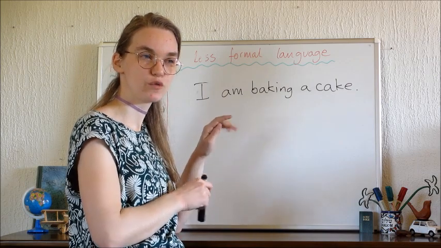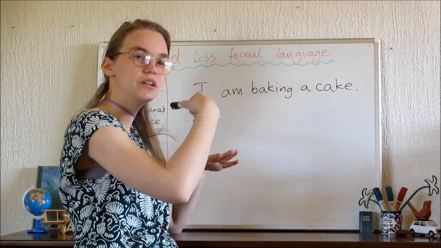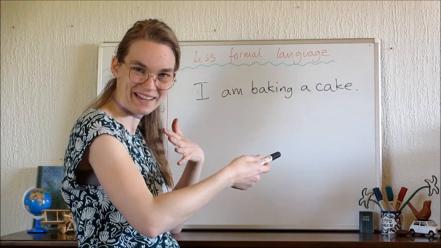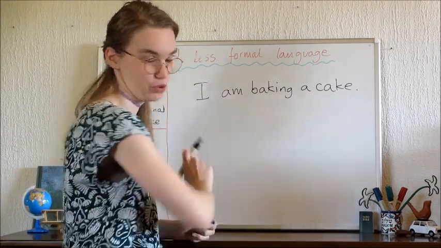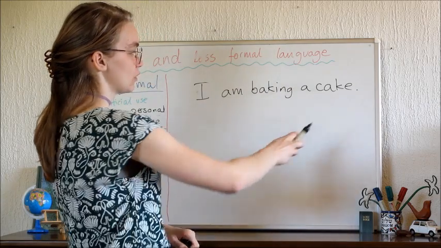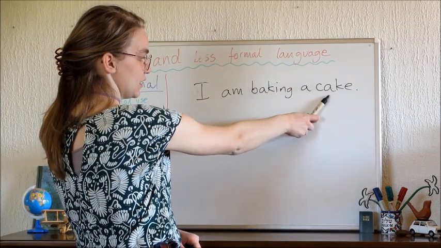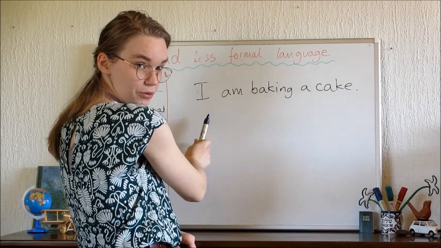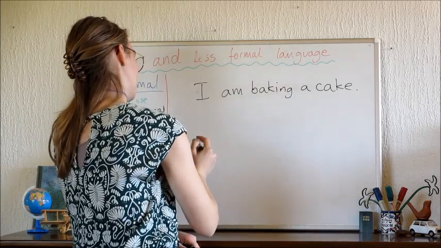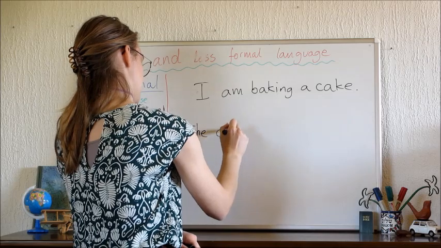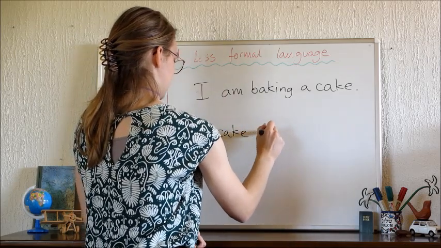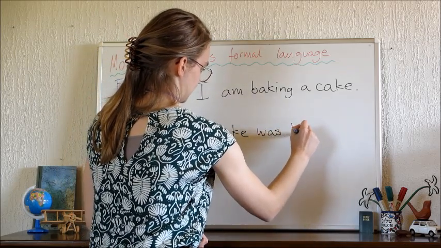But if we do it in the less straightforward way, we make it the passive voice. Then the focus is on the cake and what's happening, not on the person. So then you would say, the cake was baked.